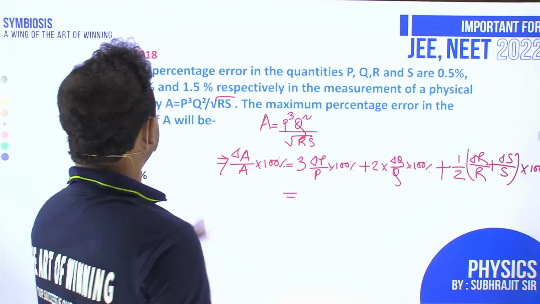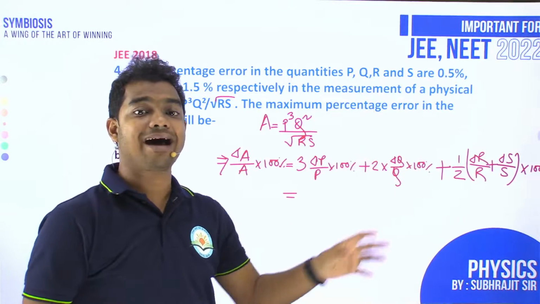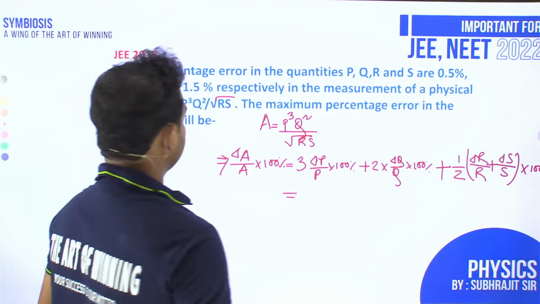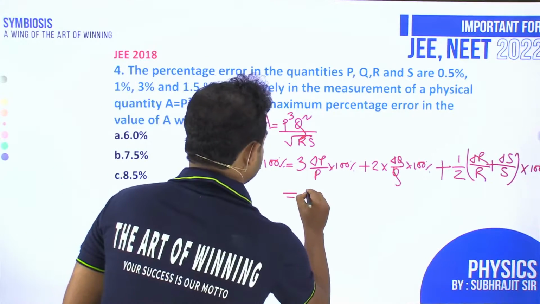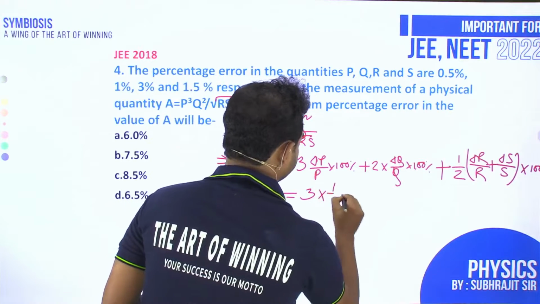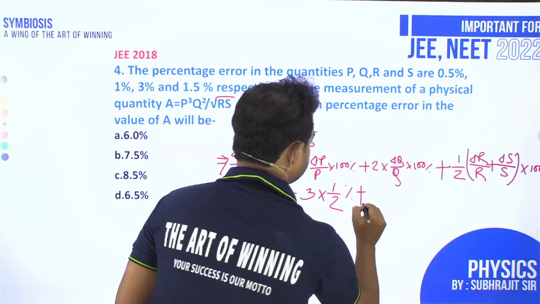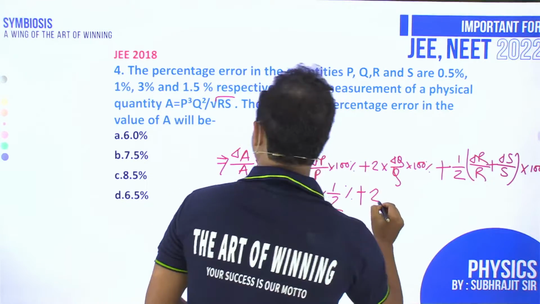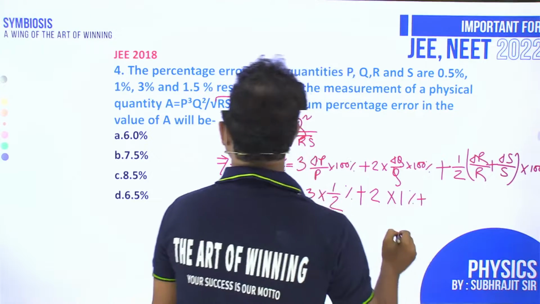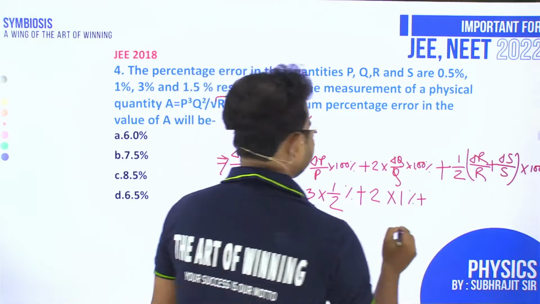So the percentage errors of these quantities, that means P, Q, R and S, are already given in the question. Now put this. First one is 3 into 0.5, that means 3 into half percent, plus the second one is 2 into 1%, plus the third one is 3 and the fourth one is 1.5.